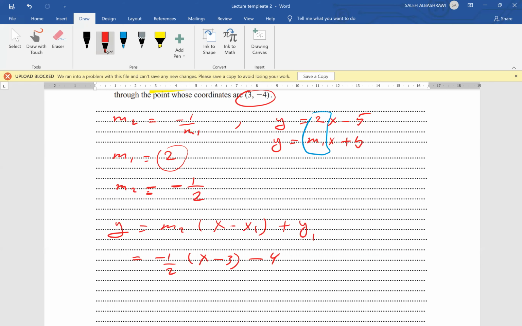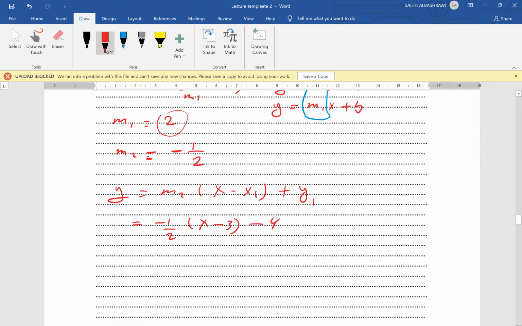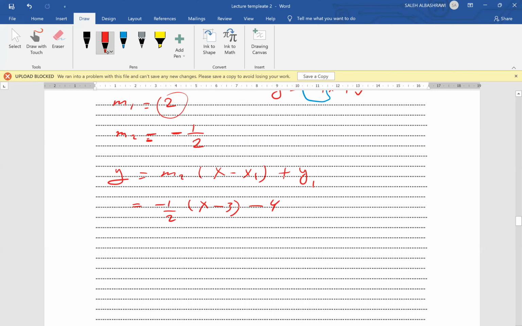For the y coordinate, no need to change the sign. Just it is plus y1, I can write it is minus 4 directly. So the equation y equals minus 1/2 x minus 1/2 times minus 3 is plus 3 over 2 minus 4.